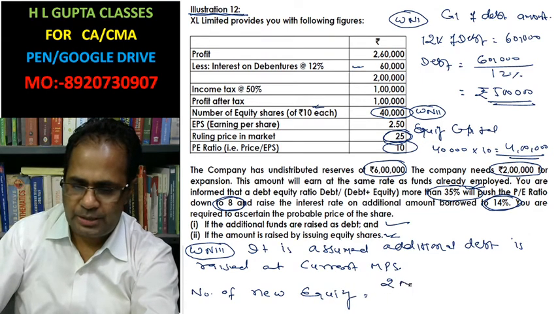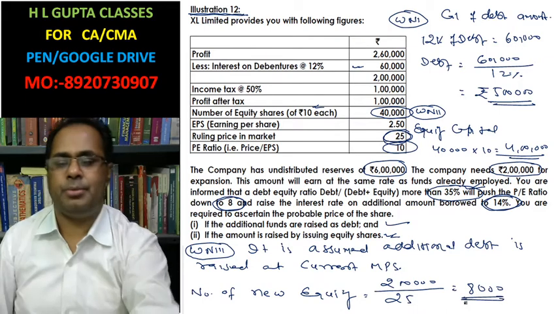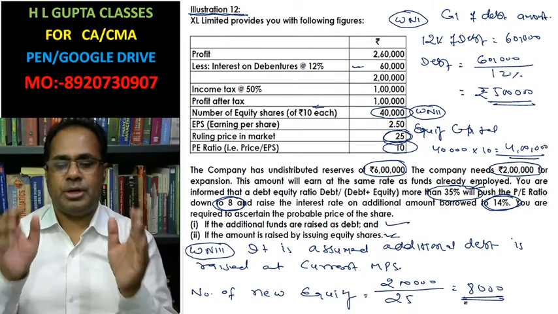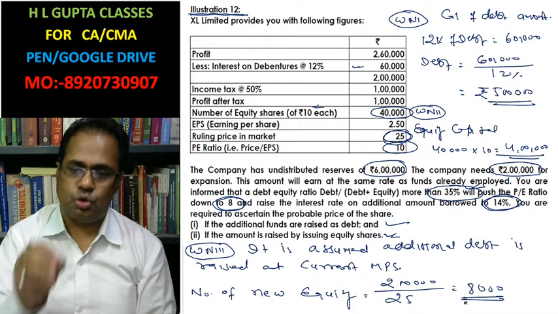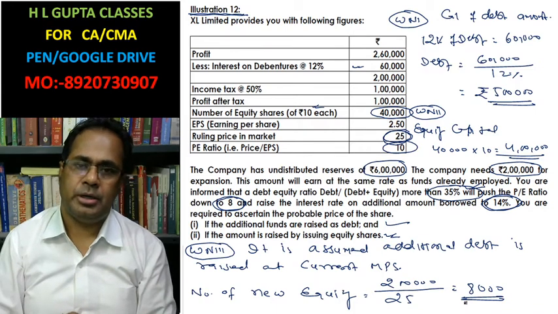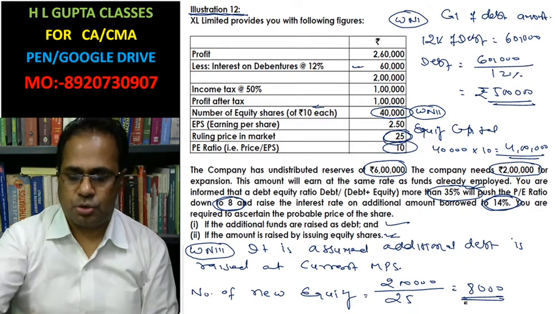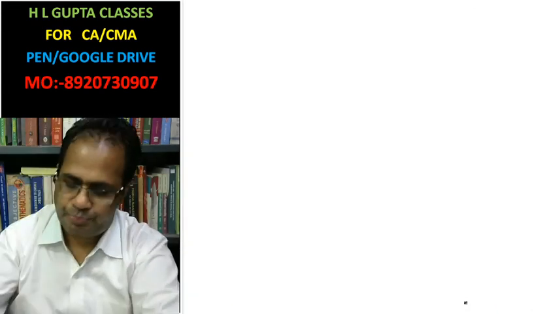We have to raise rupees 2 lakh at the rate of 25. 8,000 new equity will be raised. Okay. Now we have to calculate market price per share. For this, you have to show capital structure, EBIT, and market price per share. Okay. This is a good question. Please revise these questions.